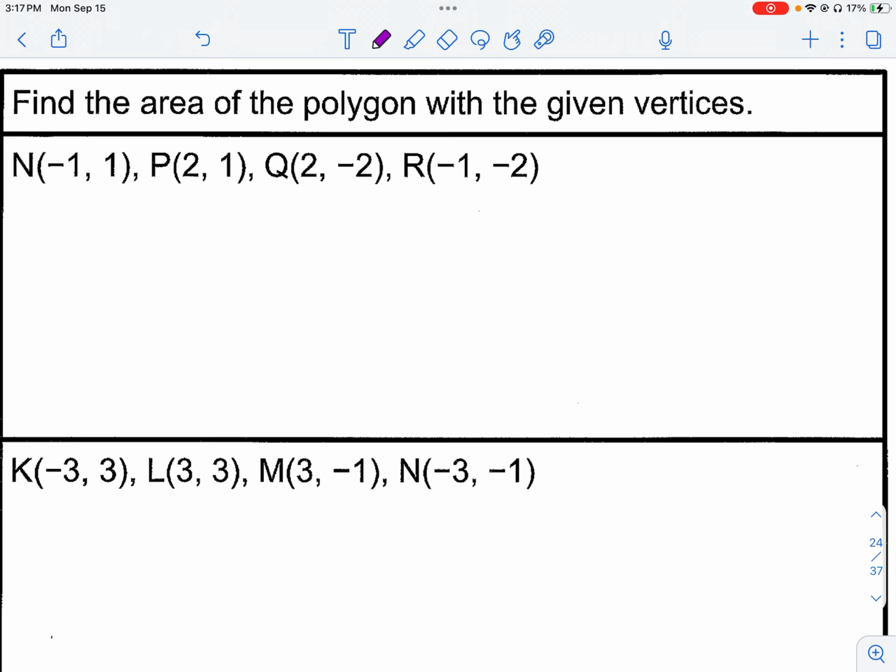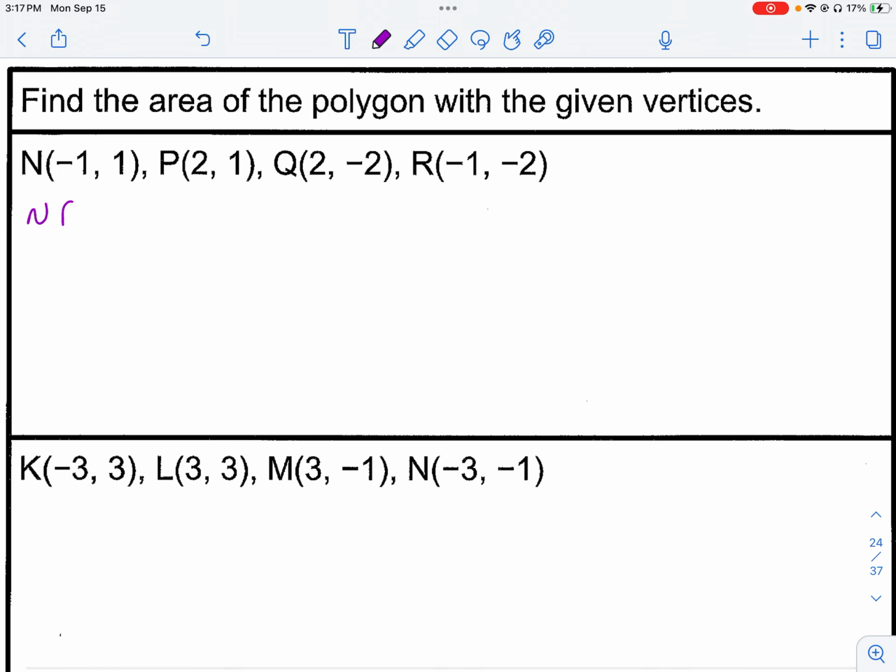And then if I look at this, NP has the same y. So it is a horizontal line. So we get 2 minus a minus 1 equals 3.